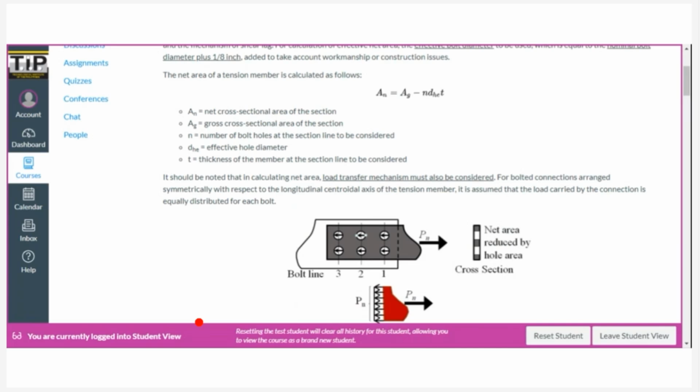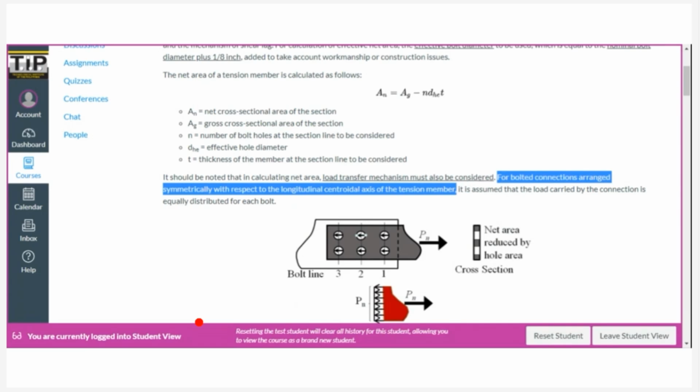All right, so let me go back. Load transfer mechanism is usually considered for symmetric arrangements of bolts. For example, if this is a plate, the centroid is at the center, and you arrange the bolts symmetrically, then you will be able to consider the load transfer mechanism.